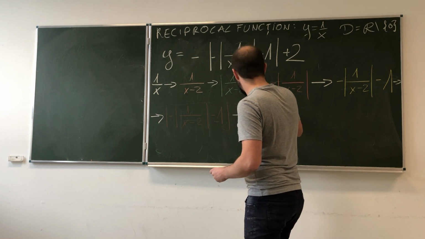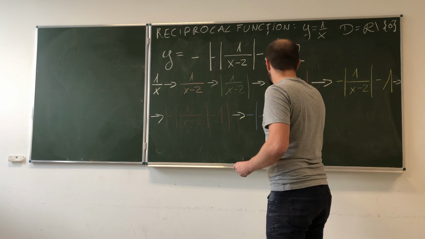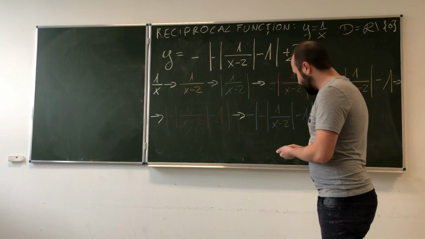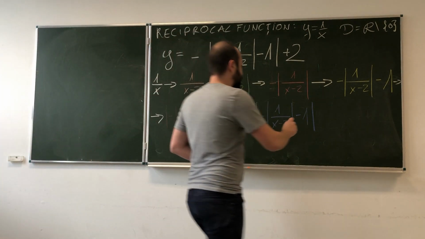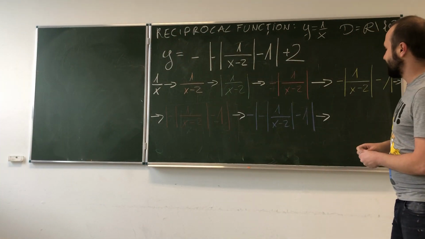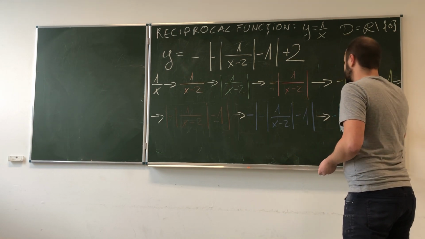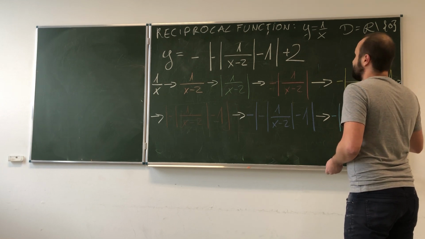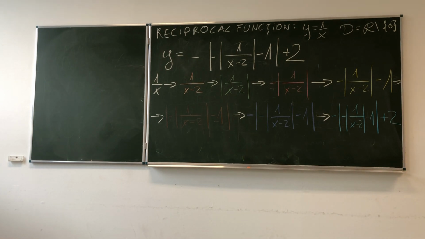Okay, so we've got now minus absolute value, minus absolute value 1 over x minus 2 minus 1 absolute value, and finally the function that we actually want to get here in the last step is when we get this function and we are moving it up by 2.